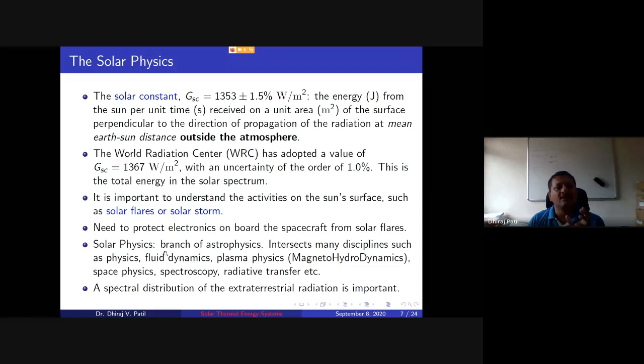What we should now understand is that the energy reaching the outer atmosphere has a distribution, known as the spectral distribution, because the energy is not concentrated in a particular wavelength, but spread over a wavelength range.